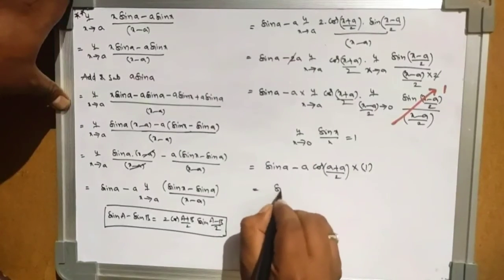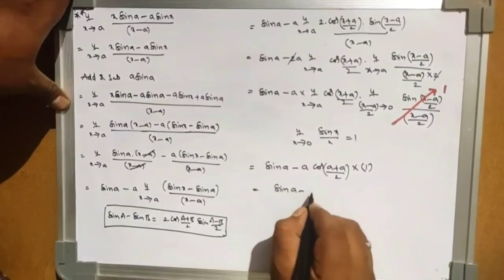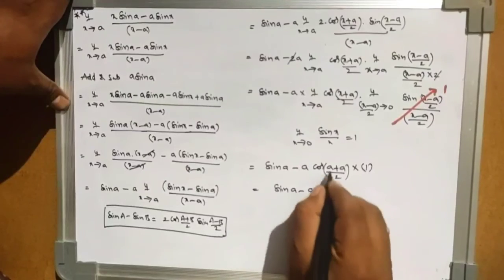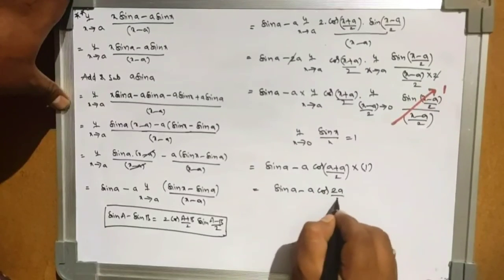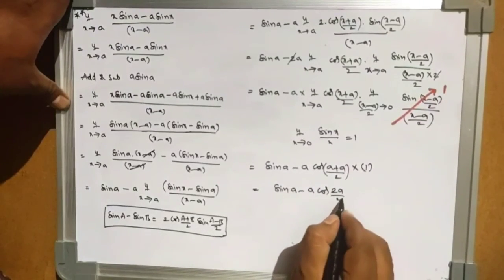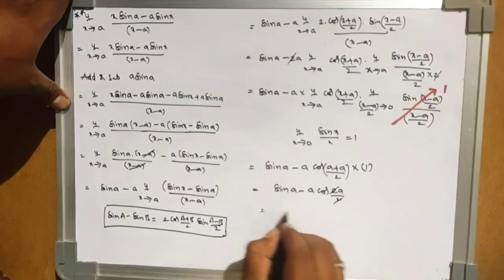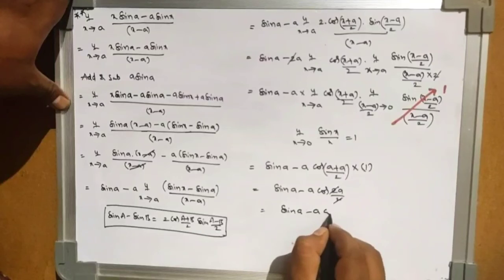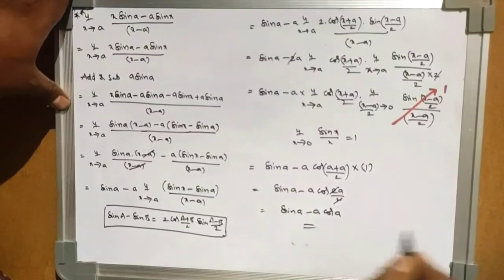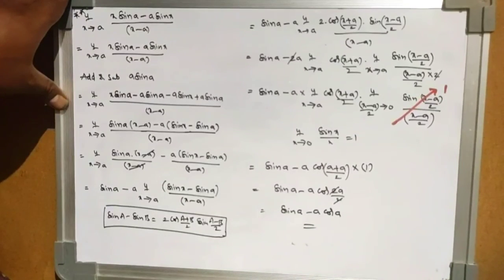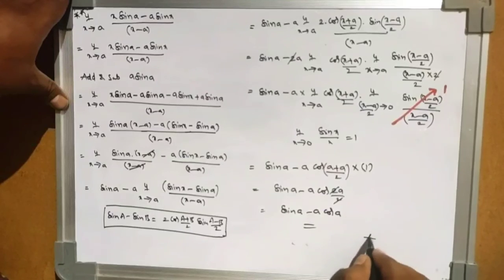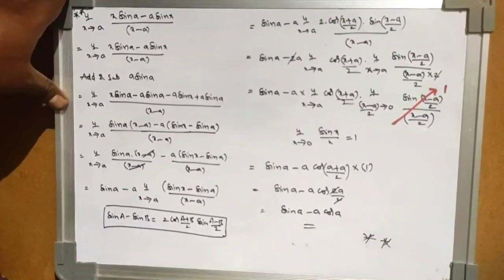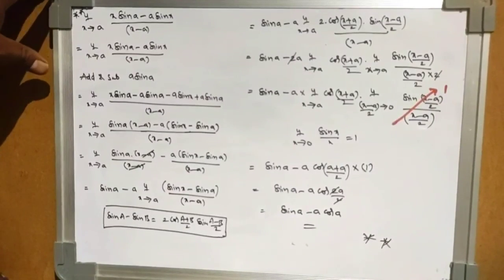Now it becomes sin a minus a into cos of (2a by 2) into 1, then the 2s get cancelled, and you get sin a minus a cos a. This is the answer. This way we can find the answer. It's a very important problem, so just learn carefully. Thank you.